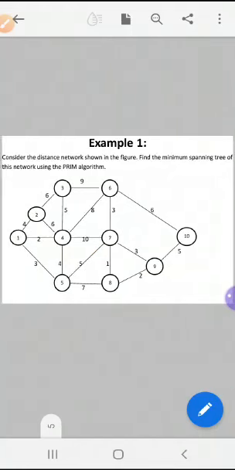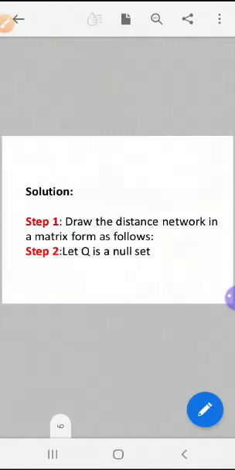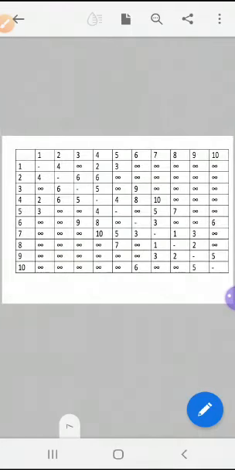Likewise, mark all the distances given in the network in this table. Then the diagonal elements are marked by a line or a dash, because the distance between 1 and 1 is 0. Actually the distance between 2 and 2 is 0, etc. And all other unmarked cells are filled with infinity. Hence we get the distance matrix.